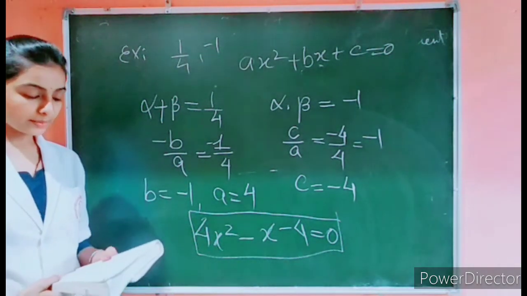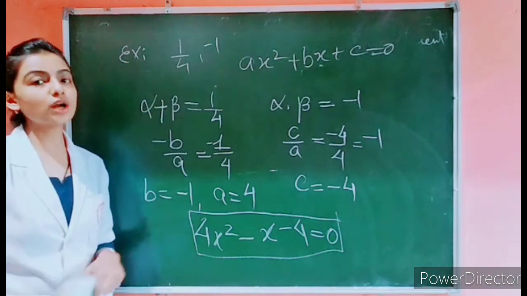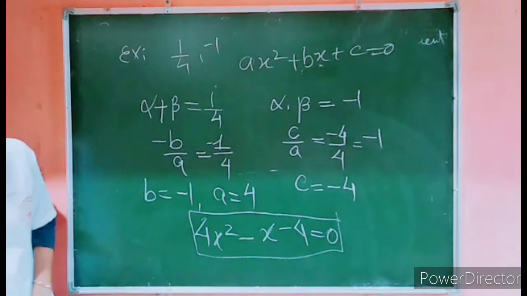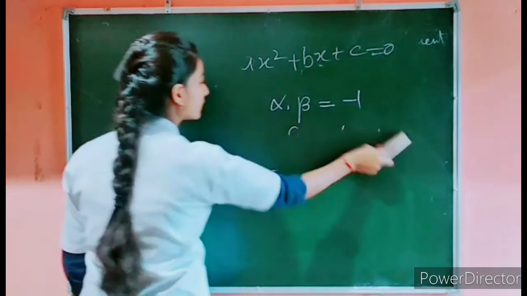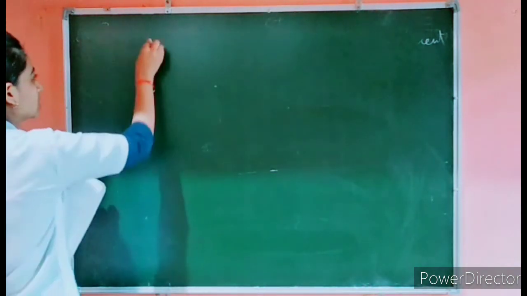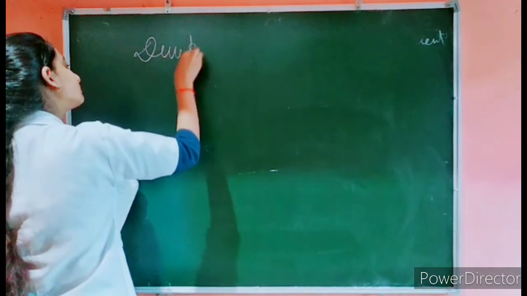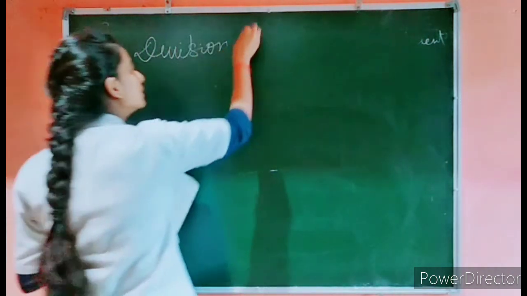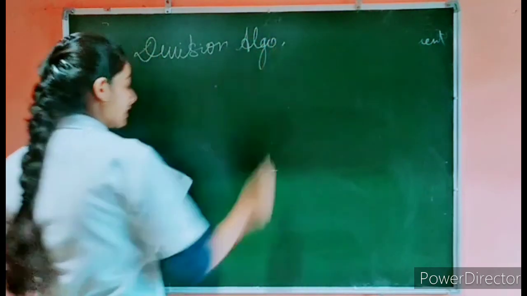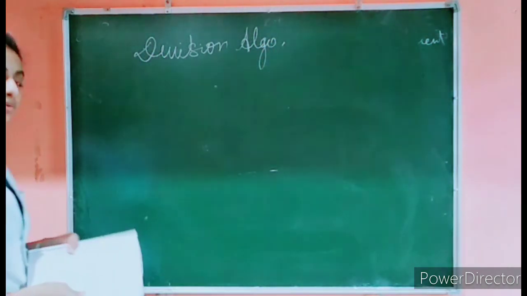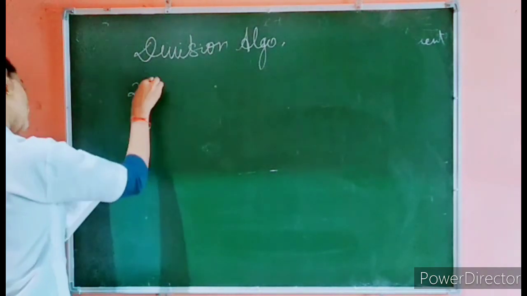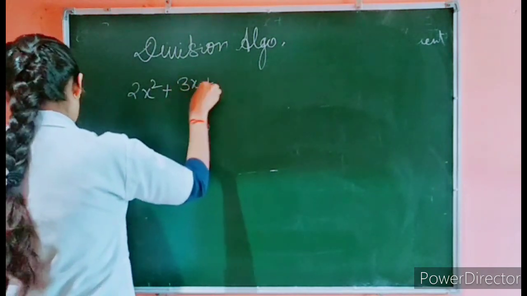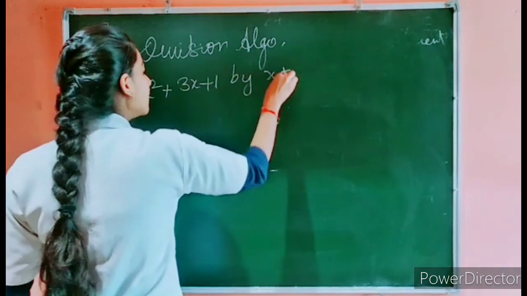Now our next topic is division algorithm for polynomials. Now we have to divide one term with another, that is 2x square plus 3x plus 1 by x plus 2.